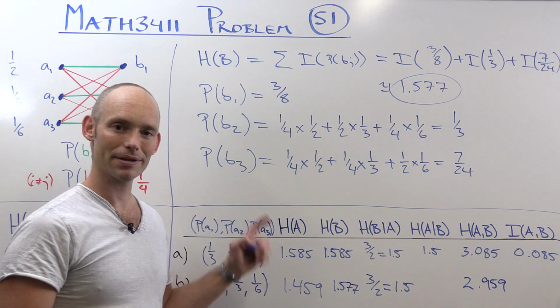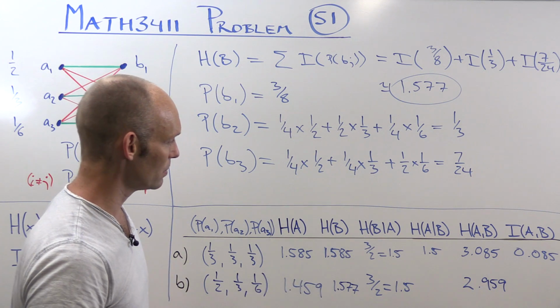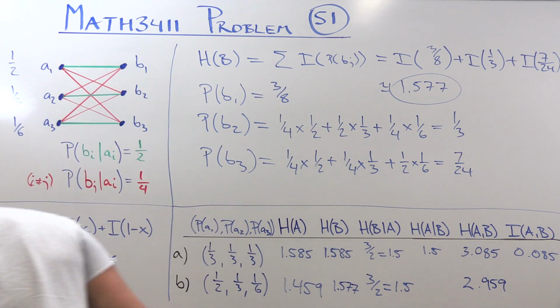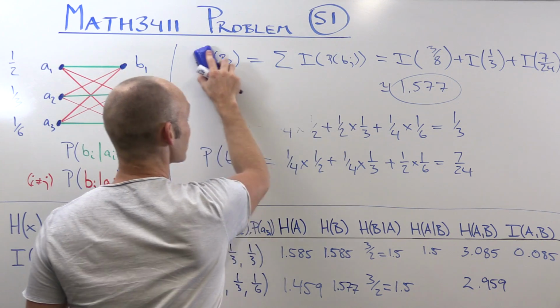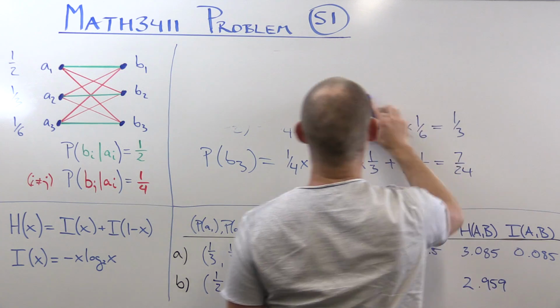Okay, now we're nearly done with part B as well, because we can calculate some of the other numbers now. In fact, we should be able to calculate everything. Let's see.